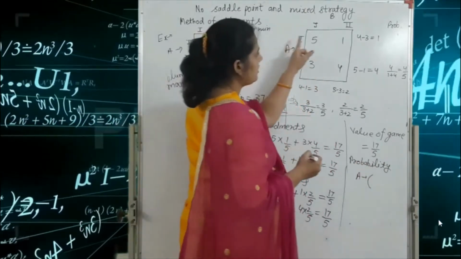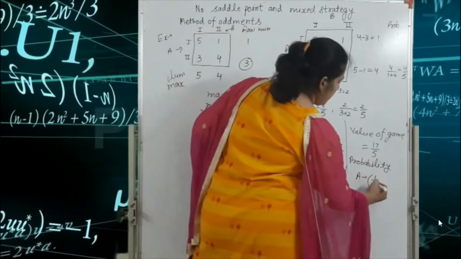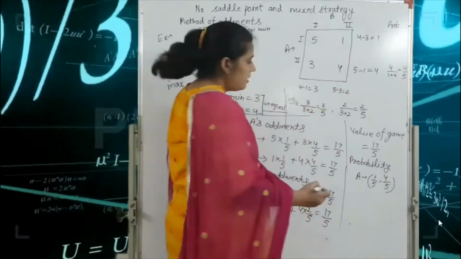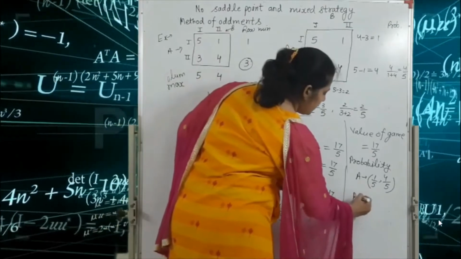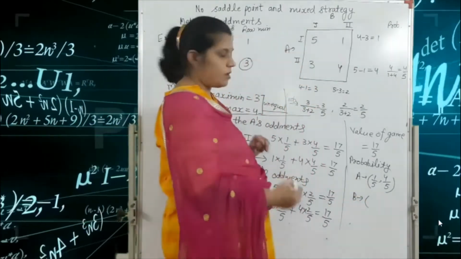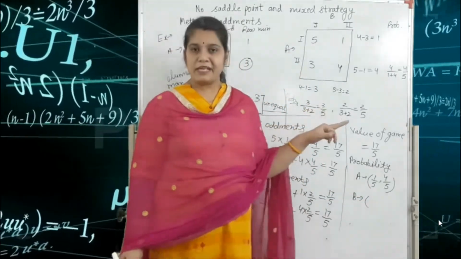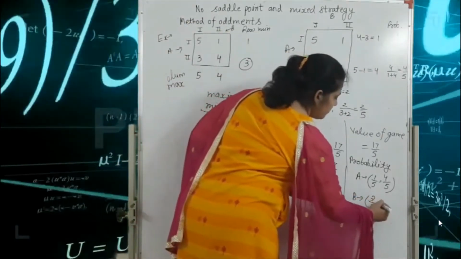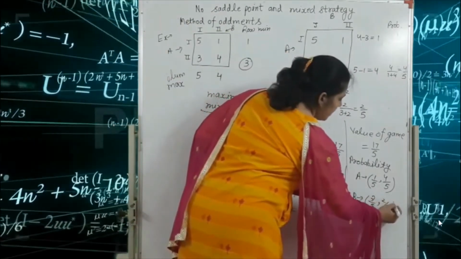The probability of player A is 1 by 5 and 4 by 5. And the probability of player B is equal to 3 by 5 and 2 by 5.